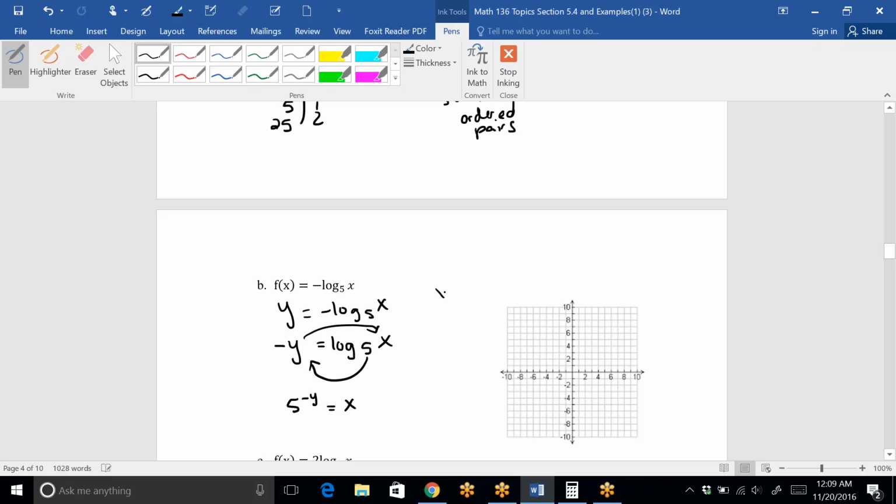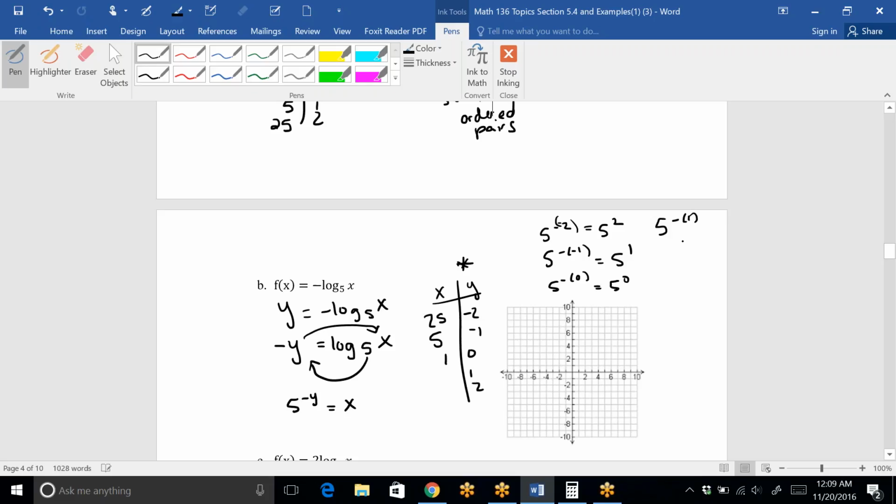So when I pick my table this time, I'm still picking y values, but anything I plug in immediately changes signs. We would have 5 to the negative 2, so that's just 5 squared, which makes this 25. 5 to the negative 1 would just be 5. 5 to the negative 0 would just be 5 to the 0, which is 1. 5 to the negative 1 would be 1/5, and that means the other guy has to be 1 over 25.